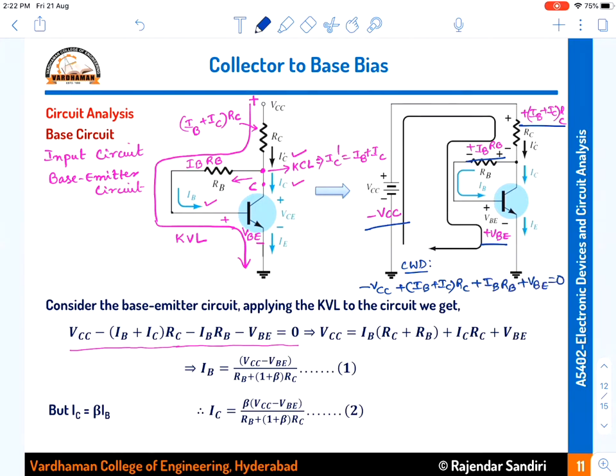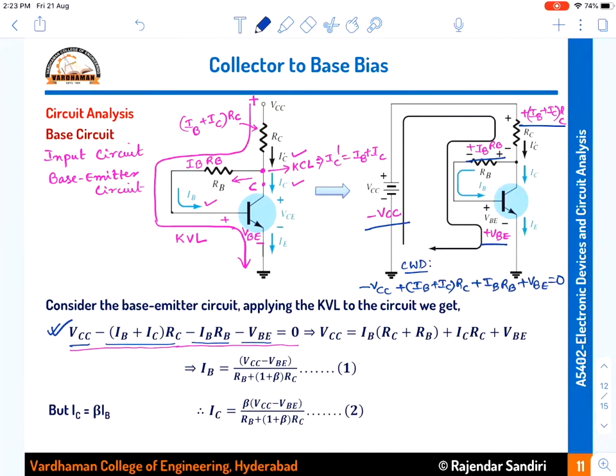If you take minus common for this expression, it will become the anti-clockwise direction. That's what is written here. Minus VCC becomes plus VCC. Plus IB plus IC into RC becomes minus. The third term plus IB RB becomes minus IB RB. The fourth term plus VBE has become minus VBE.